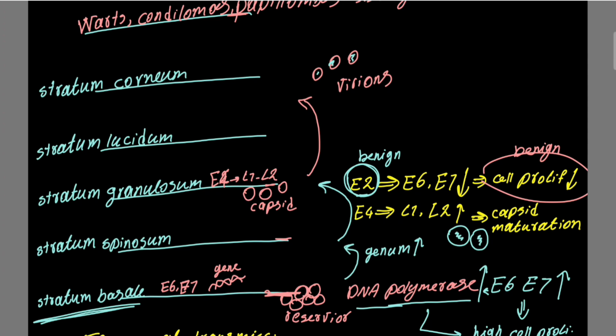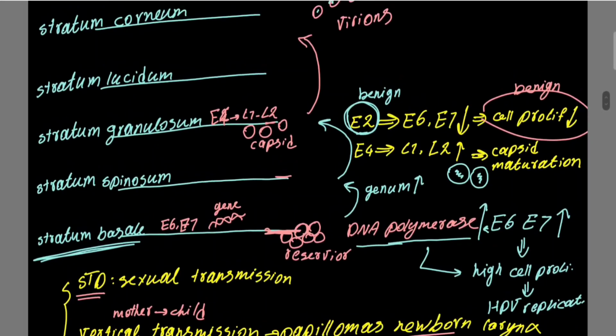So the reservoir is this, and in this first level it affects the DNA polymerase of the cell to work more, so we will have more replication, and as a result we will have more HPV replication because the virus is already in the genome.